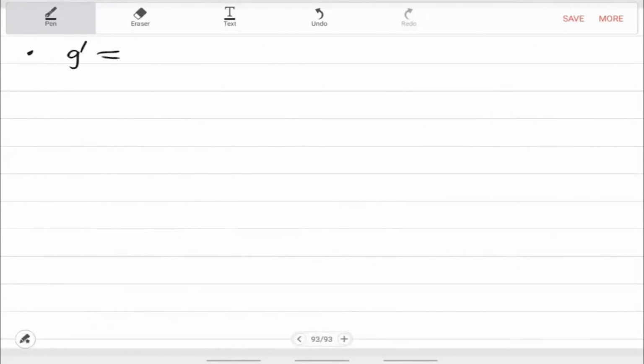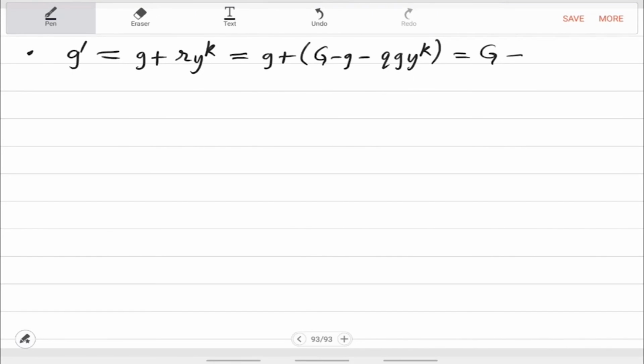So G prime is G plus R y raised to k, and just from the previous slide, R y raised to k is this, which is big G minus q small g y raised to k. Then you use the special modulus you have.